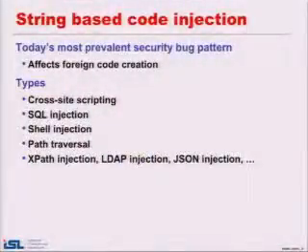And the main observation, if you look into bug track or full disclosure and stuff like that, is that this string-based code injection, which affects all sorts of foreign language assembly, is always the same bug pattern. Every time some computer code is assembled dynamically within the native application, you're going to encounter this bug pattern.